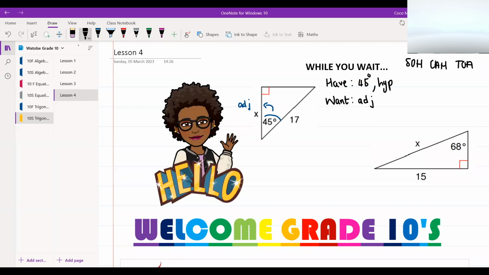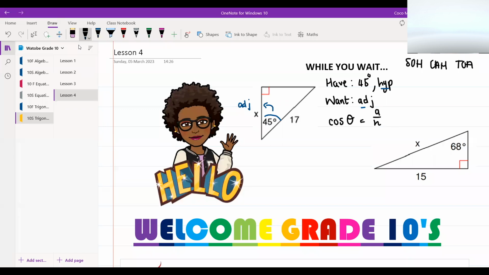Okay, now tell me, guys, I've got an adjacent and a hypotenuse. Between SOH, CAH, and TOA, which one of these uses adjacent and hypotenuse? SOH, CAH, or TOA? That's it, Amy, the CAH. And the C in CAH stands for cos. So we're going to go cos of theta is equal to adjacent over hypotenuse.